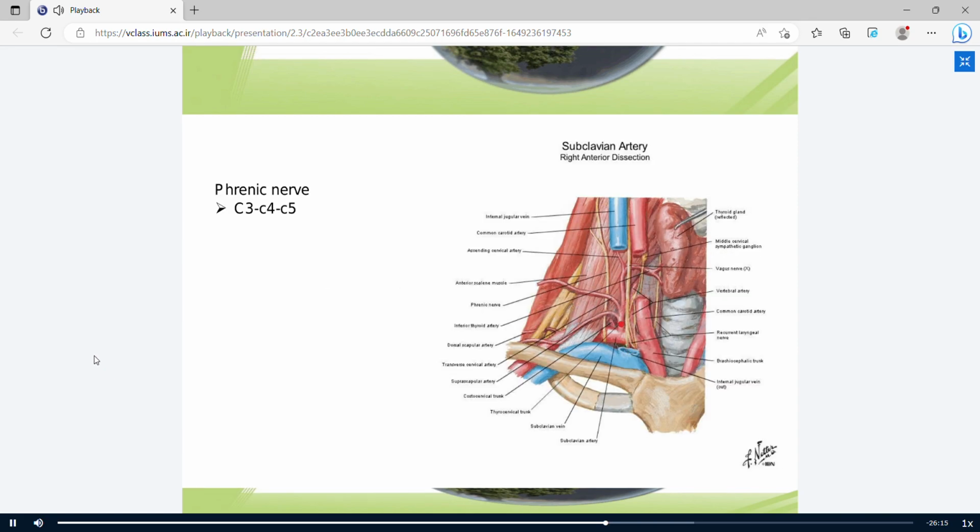This is the thyrocervical trunk from the first part of the subclavian, divided into inferior thyroid, transverse cervical, and suprascapular branches.